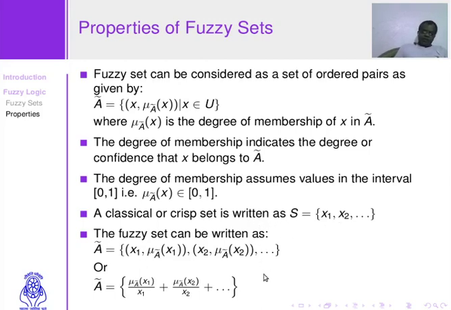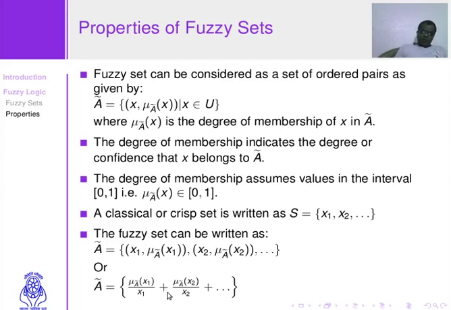We can use a different type of notation also, as given here. In this notation, every element of the fuzzy set is written like a fraction, where the numerator represents the degree of membership of that element and the denominator is the element itself. As given here, the first entry mu A(x1) upon x1, and every entry is separated by the symbol plus.